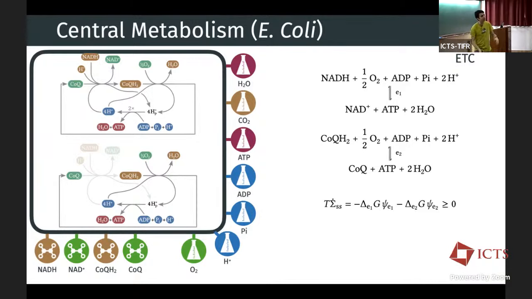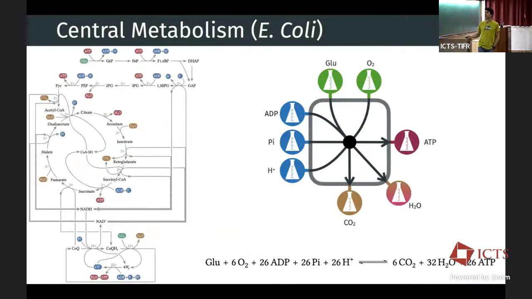To evaluate the efficiency of the electron transport chain, we need to consider the dynamics. We cannot use only the physiological conditions, because the two emergent cycles can occur at different rates.